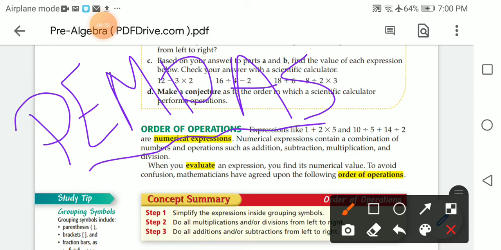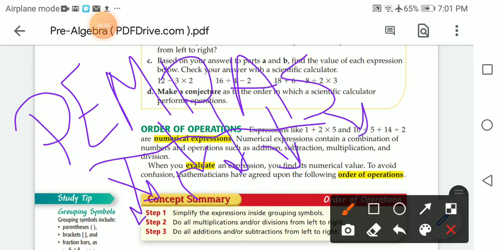The first thing I start with is parentheses. Parentheses means the brackets. Then exponents. M, multiply. D, divide. A, addition. S, subtraction. So this is the order I have to follow.